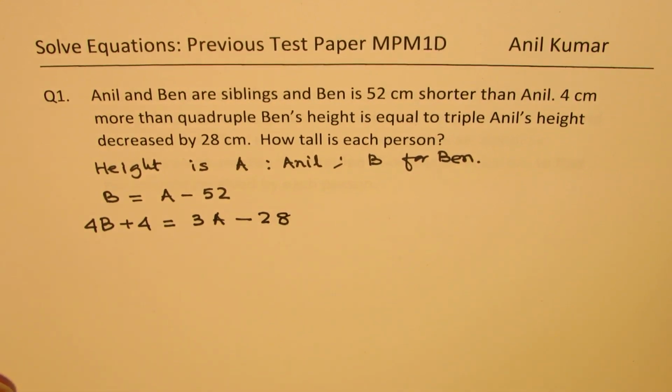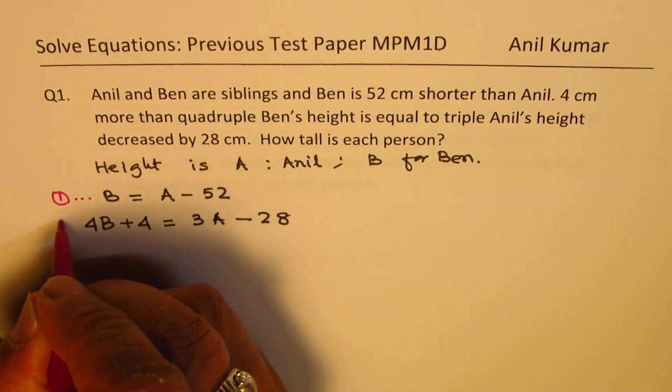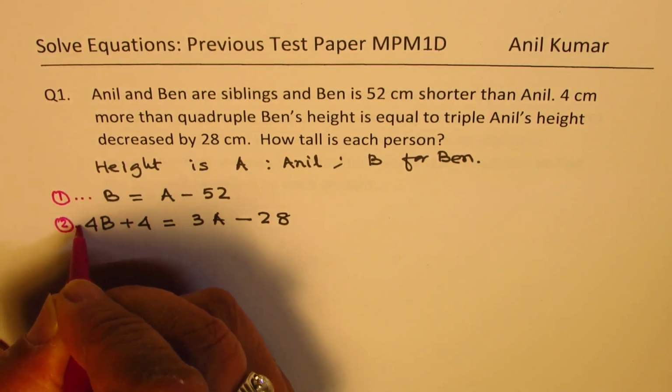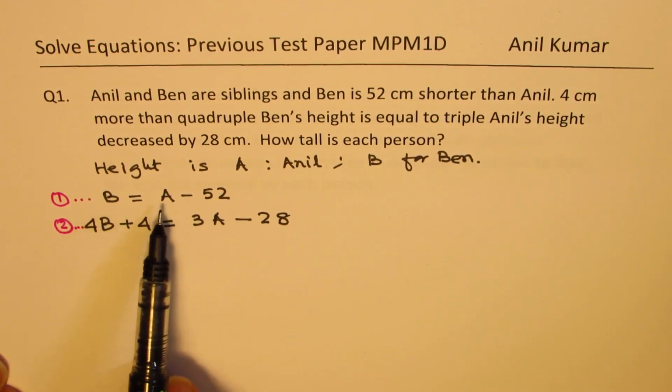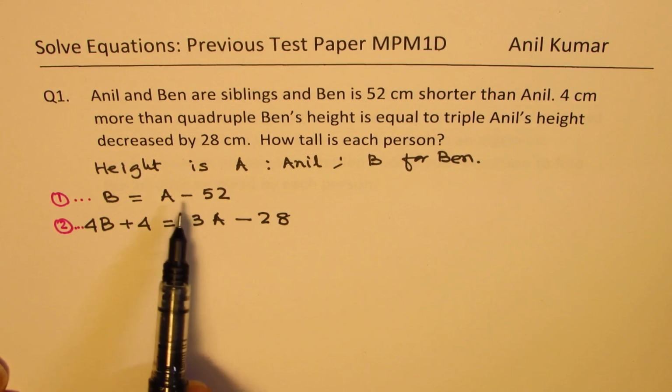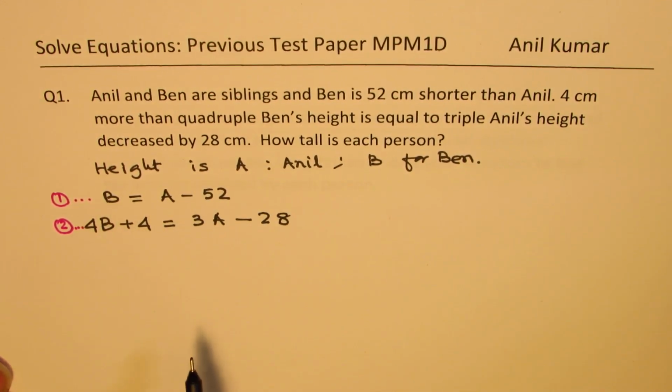Do you see that part? So that is how we get two equations from the given conditions. Now we can substitute the value of B to find the value of A, which is Anil's height, and then we can find the value of B, right?